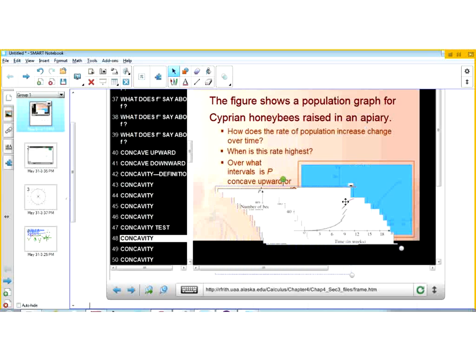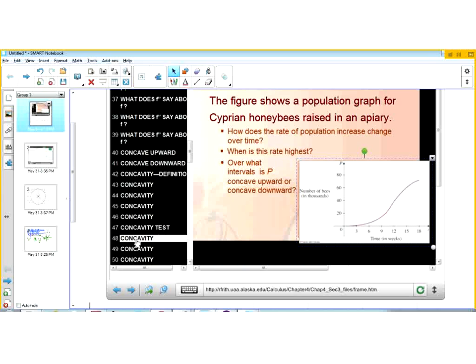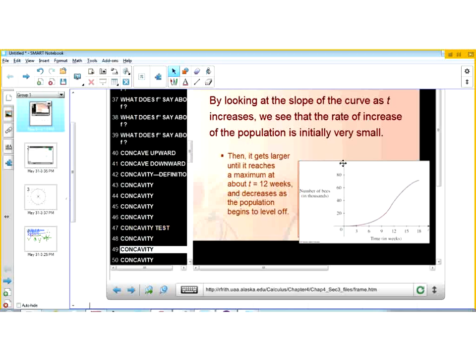Let's copy this figure, and we'll go on to the next slide and keep it in perspective as we transition. By looking at the slope of the curve as t increases, we can see that the slopes of the tangential lines change very slowly. The numbers don't differ by that much; the slopes are essentially a small number.